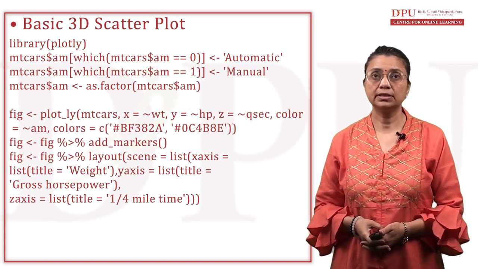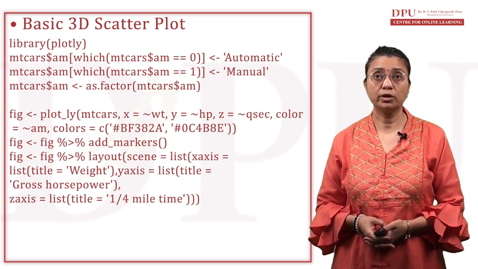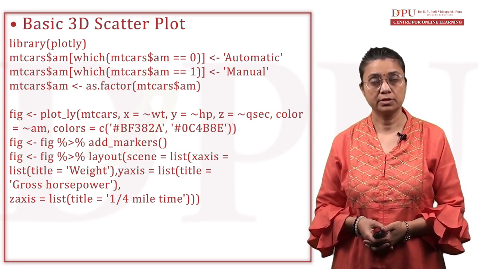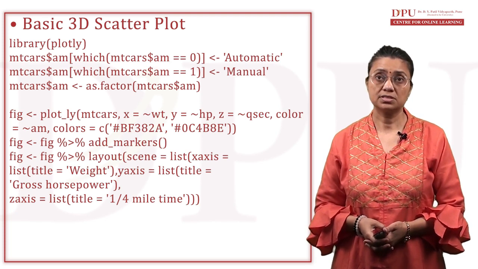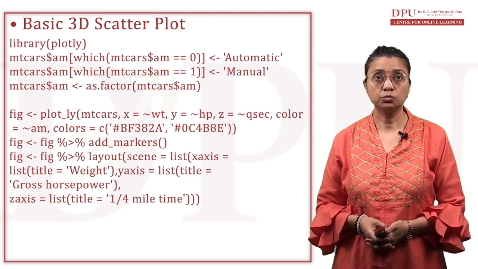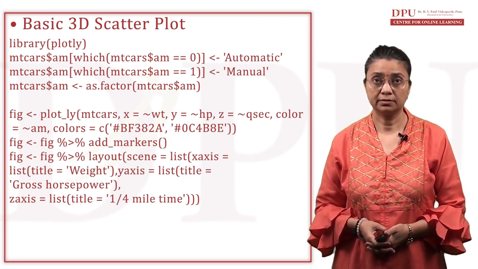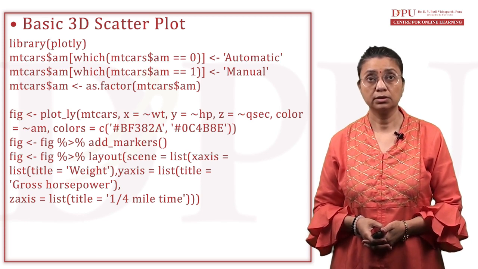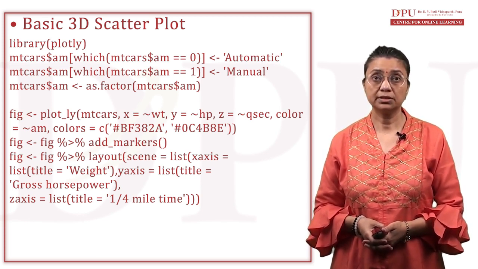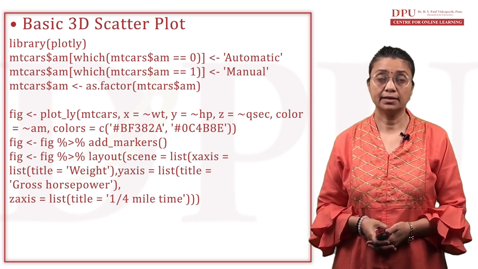So you can see that I'm storing the data in the form of 0 and 1, where two values are substituted, where one is automatic and the second one is manual. Now I'm using mtcars$am, which is equal to as.factor within brackets mtcars$am.